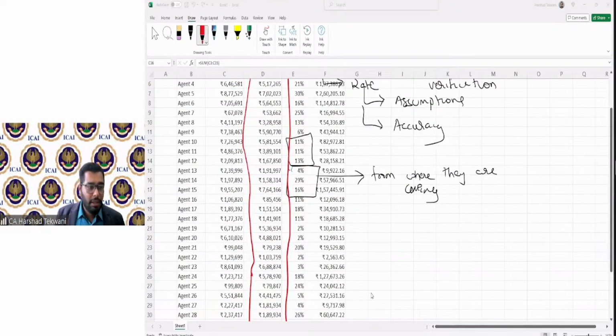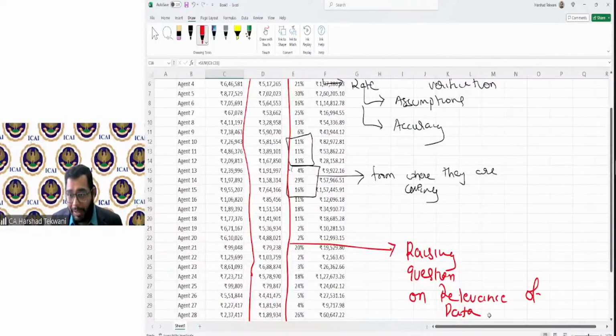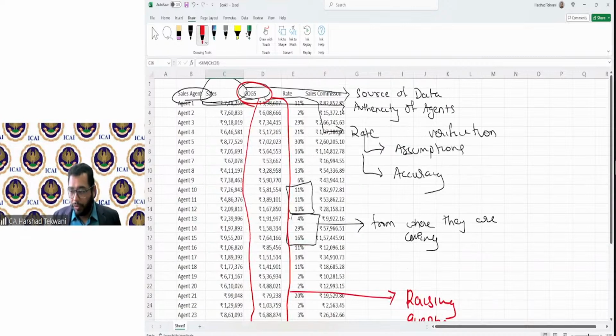See, now when I say this COGS data is relevant for me or not, that means that I am raising a question on relevance. Relevance of the data. Whether the data is relevant or not for me before I proceed with any additional testing.